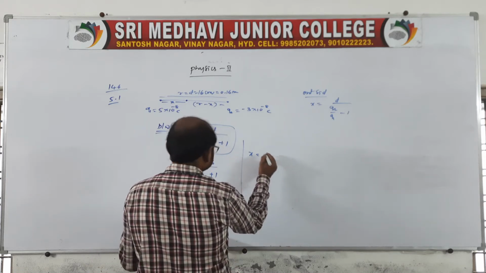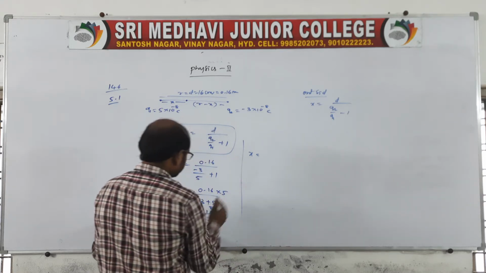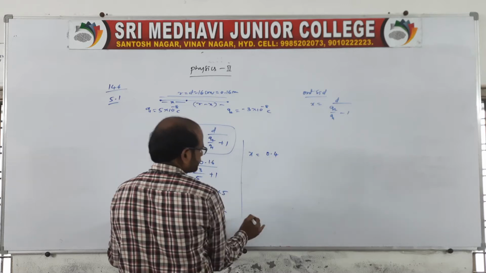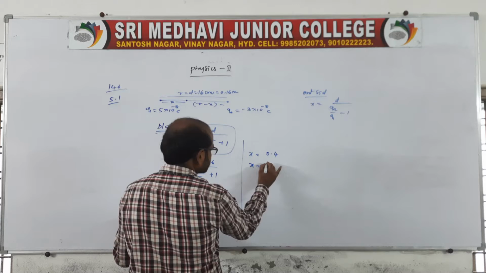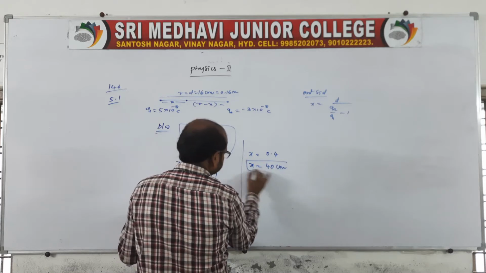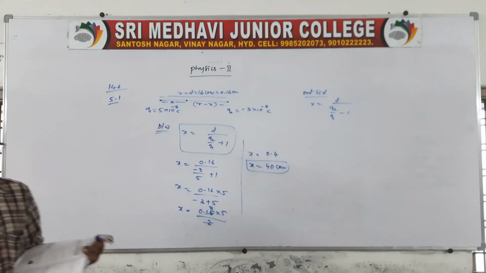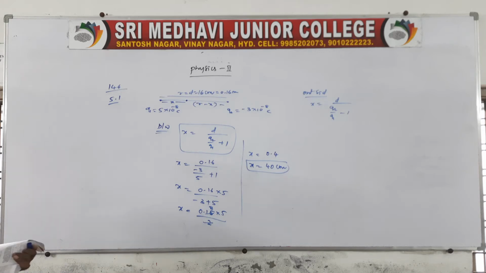So we get 0.4, but it is given in meters. If I do it in centimeters, therefore we get 40 centimeters. Clear?